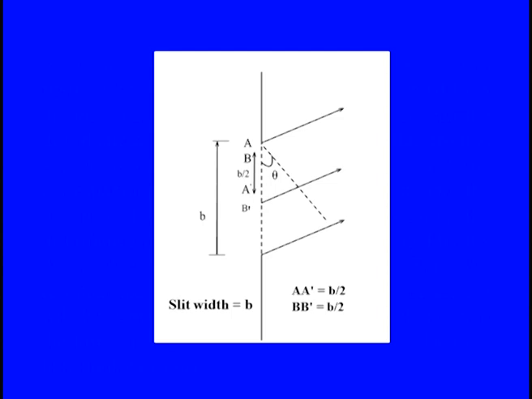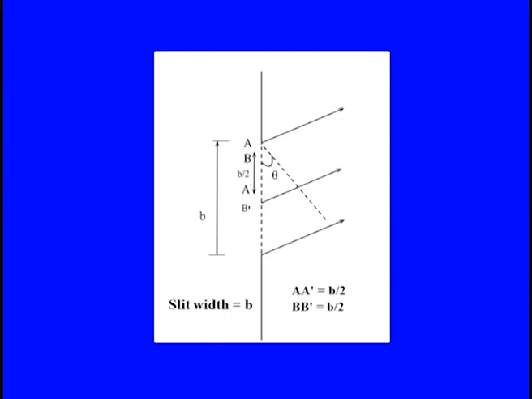Similarly, the disturbance from the point B will be cancelled by the disturbance reaching from the point B prime. Thus, the resultant disturbance due to the upper half of the slit will be cancelled by the disturbance reaching from the lower half, and the resultant intensity at point P will be 0.